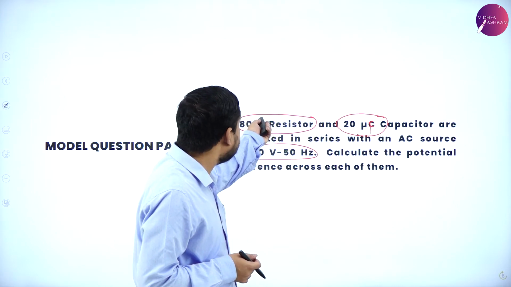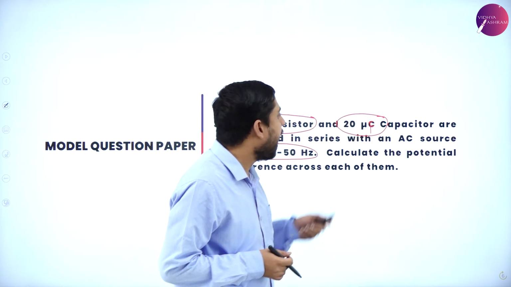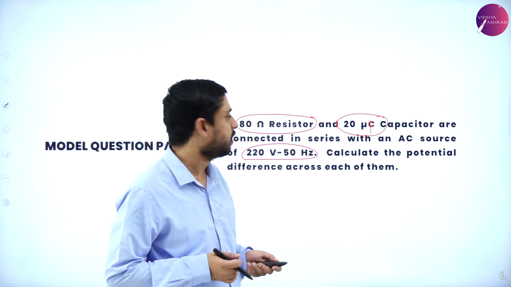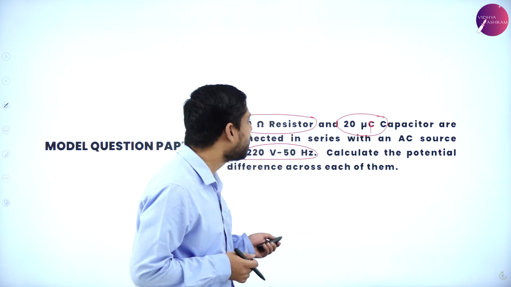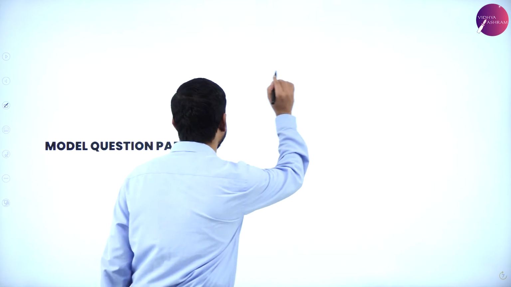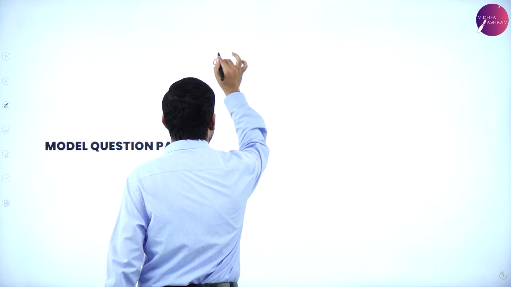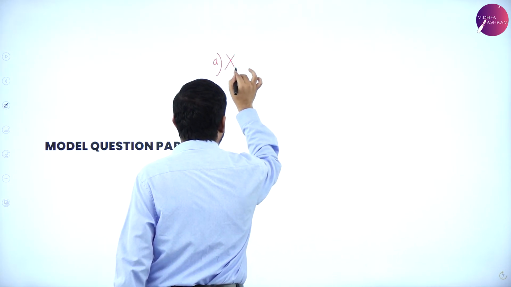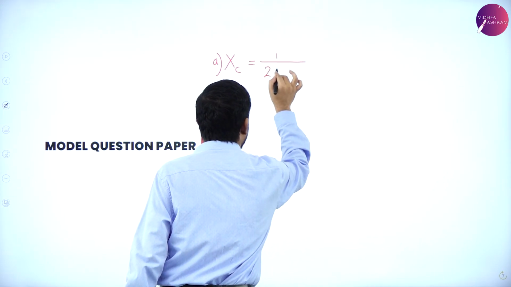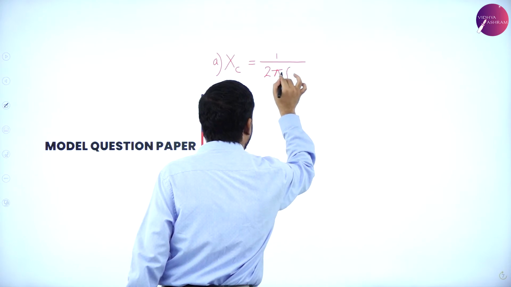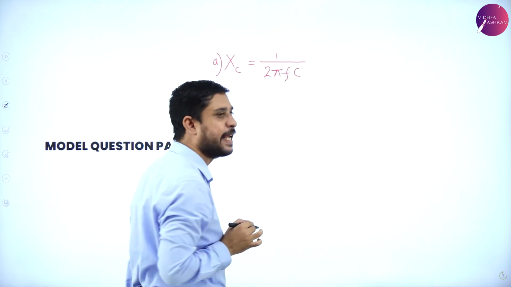So there is a resistor and a capacitor connected in series. The moment you see a capacitor, first we will calculate the capacitive reactance. So capacitive reactance XC is 1 by 2 pi FC.